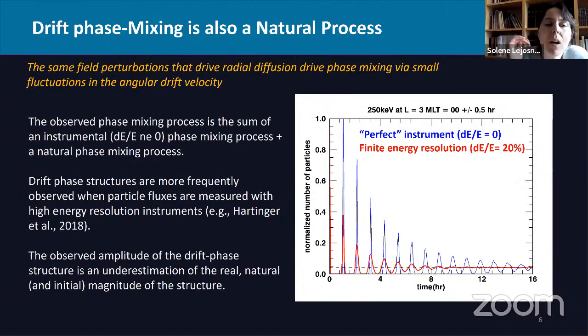When we are observing a drift phase structure, we are always underestimating the natural magnitude of this drift phase structure and also its initial magnitude. So its role, the dissipation, might be bigger than we think, and might last longer than we think. It might play a role.